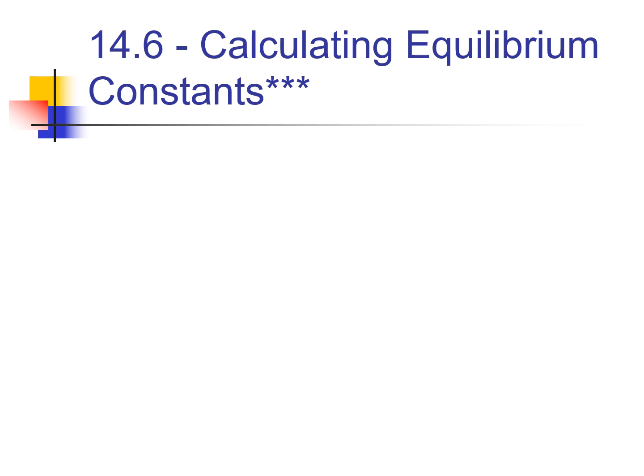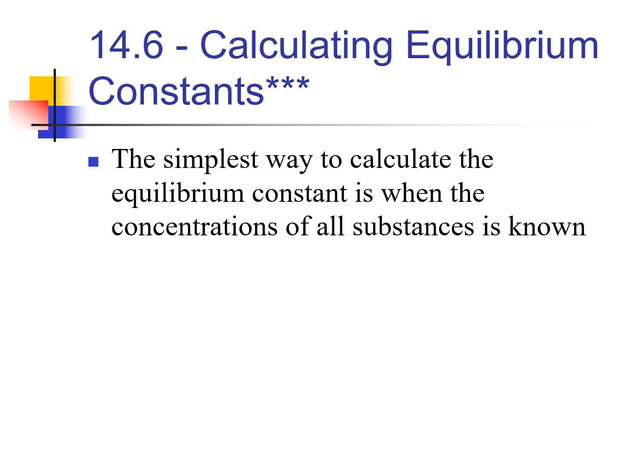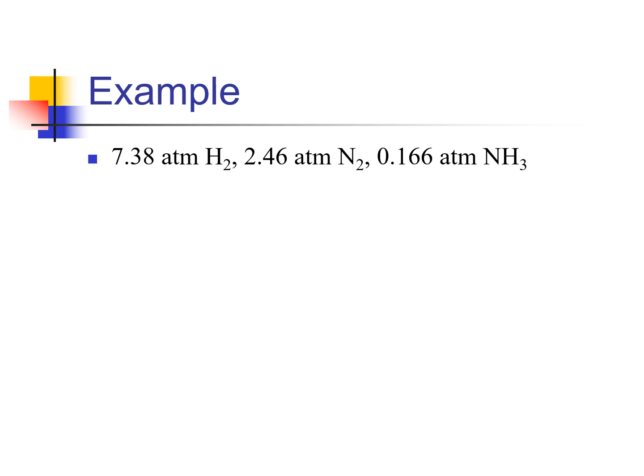Okay, 14.6 is really where things start to escalate in difficulty a little bit. So we're going to be calculating equilibrium constants. The simplest way to calculate an equilibrium constant is when we know the concentration at equilibrium of each of the substances. For example, we're told at equilibrium we have these particular pressures, we have this reaction.